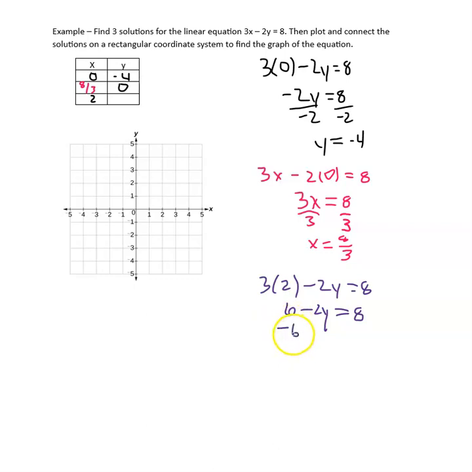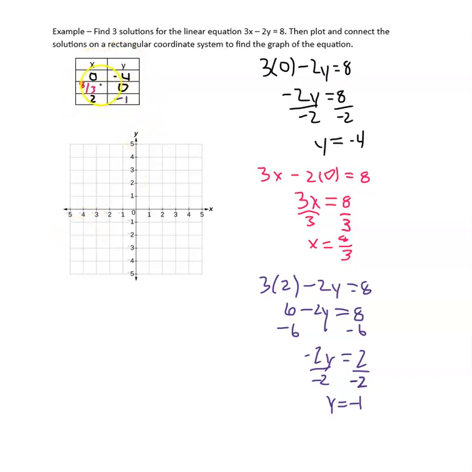Subtract 6 from both sides, and I get negative 2y is equal to 2. Divide both sides by negative 2, and y equals negative 1. So when x is 2, y is negative 1.